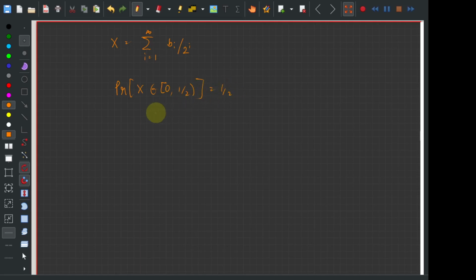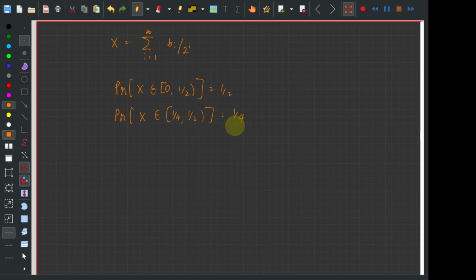What is the probability that x lies between, let's say, a quarter and a half? 1/4.